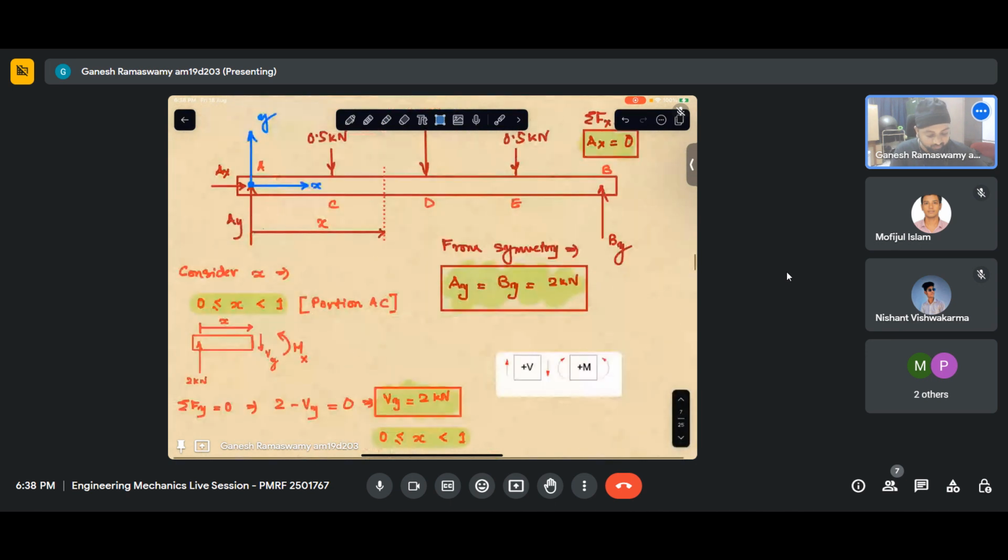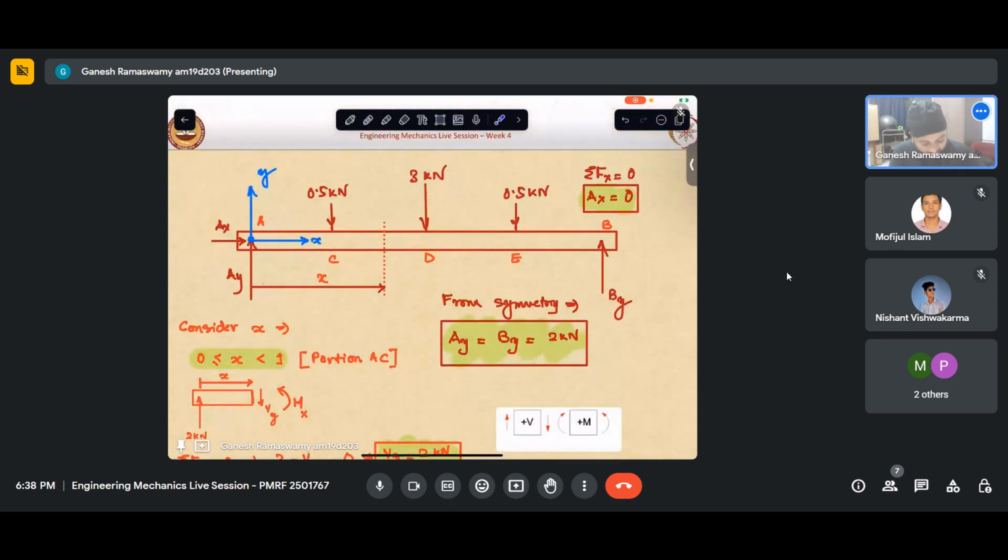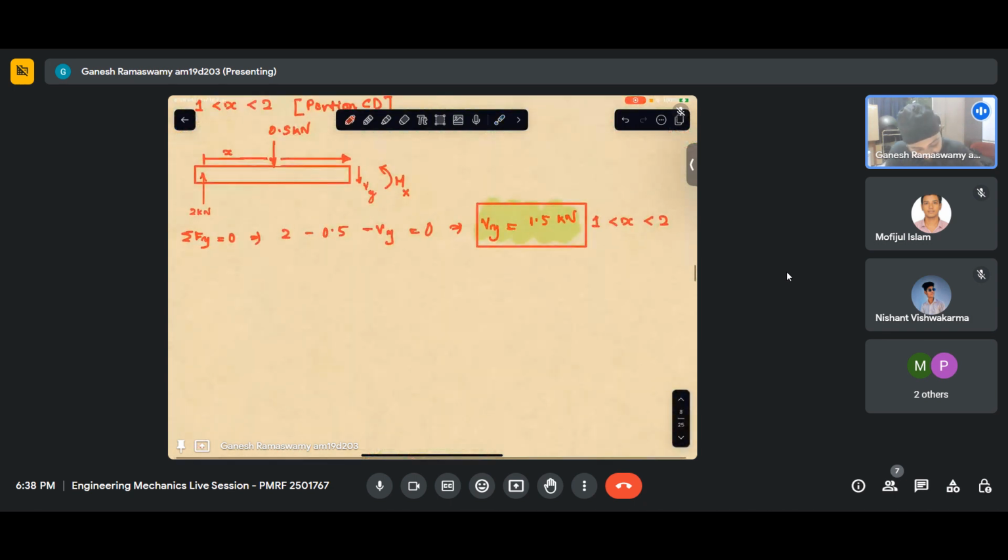Now we can easily see, once I have my section over here, initially I had 2, then 0.5 got subtracted for this portion CD. Now I can see that for DE, 0.5 and 3 will get subtracted. We can draw that same free body and start doing it, but the idea is once we understand it, we should try to pick up some speed. So by inference, I won't solve it, but I'll say by inference, what can I write?